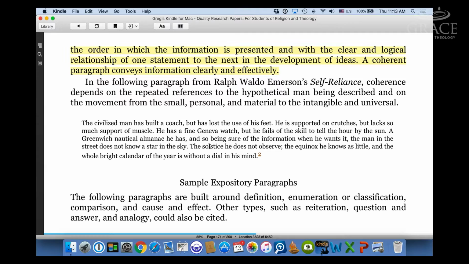So make your paragraph have one topic, one unifying thought. State what that unifying thought is, perhaps in the beginning sentence, and make all of the sentences about that same unifying thought. And then you'll have a coherent paragraph, a paragraph that is clear, a paragraph that is easy to read and understand.